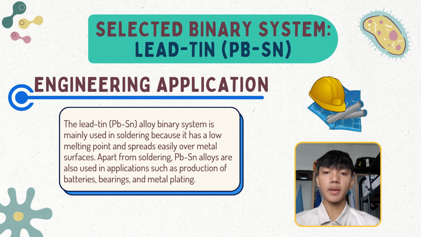Beyond soldering, Pb-Sn alloys are also used in battery grids for durability and conductivity, bearings where they reduce friction and wear, and metal coatings for corrosion resistance. Understanding the Pb-Sn phase diagram helps engineers to optimize soldering temperatures, reduce defects, and minimize energy consumption. It also supports the development of lead-free alternatives, which address environmental concerns.